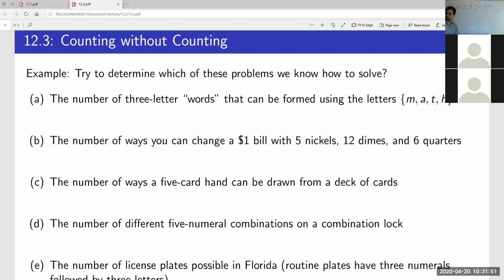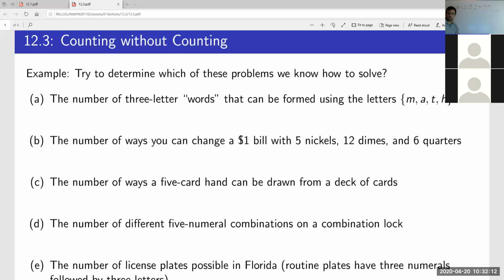So how many slots are there, I guess? Is it 3? Yep. So there's 3 slots because it's a 3-letter word.